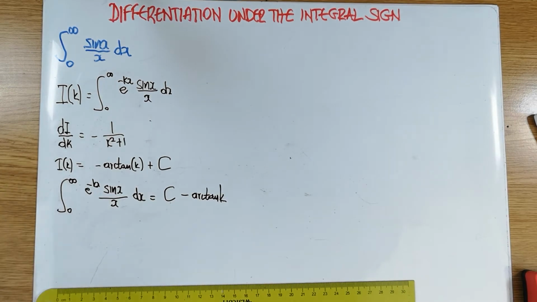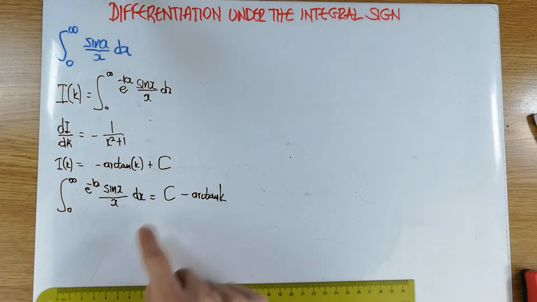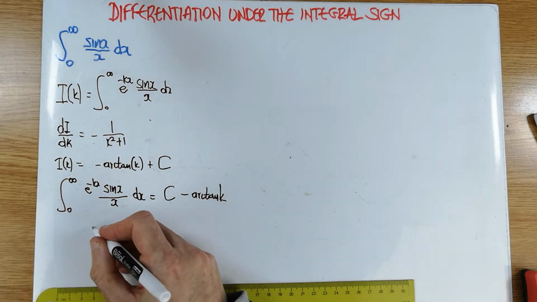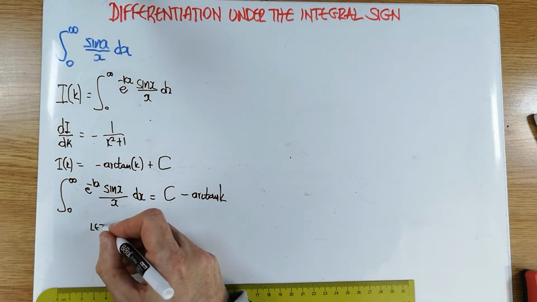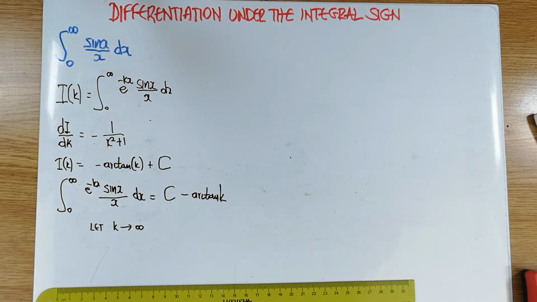So now we need to pick a suitable value for k in order to evaluate our constant of integration. And the only sensible value of k that will allow us to do that is not a finite value. Let k tend to infinity. I don't want to write equal to infinity.